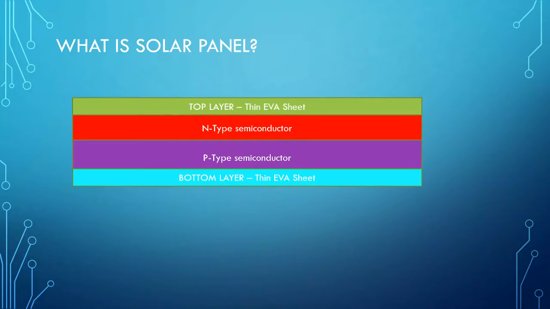So this is the way the charge is accumulating in the top n-type semiconductor and p-type semiconductor. Once the charge accumulates, we can take it out through terminals and connect our electrical or electronic loads to make use of it. So this is the way solar power is generated in the solar cell. This is the basic operation of one simple solar cell.